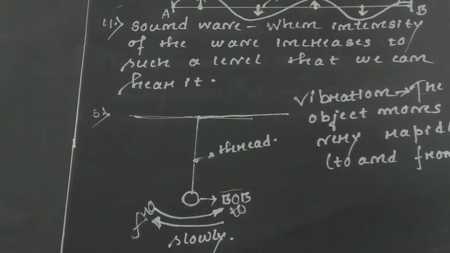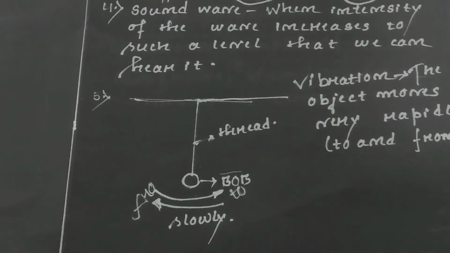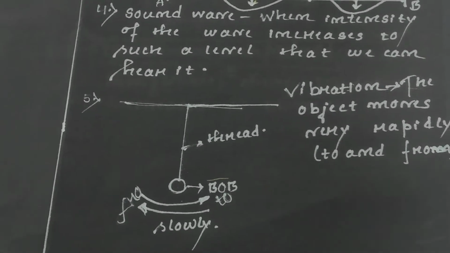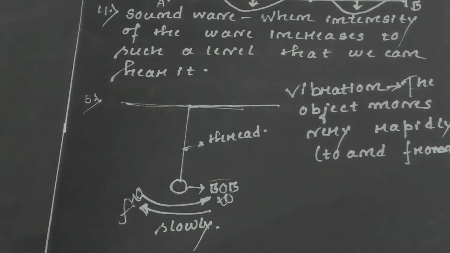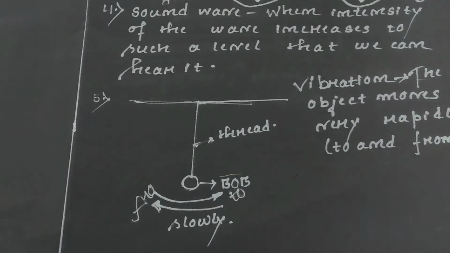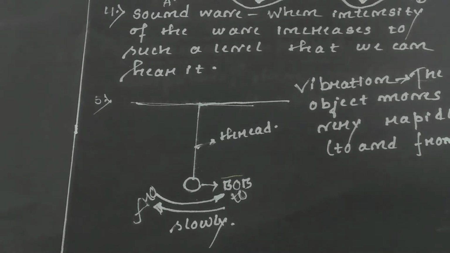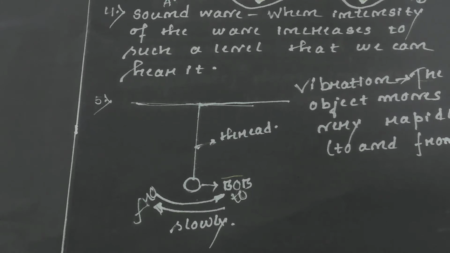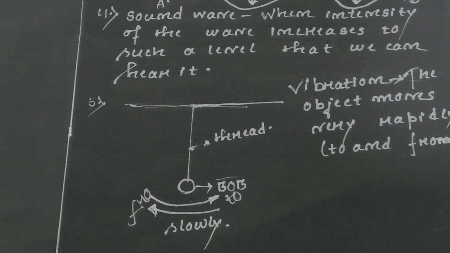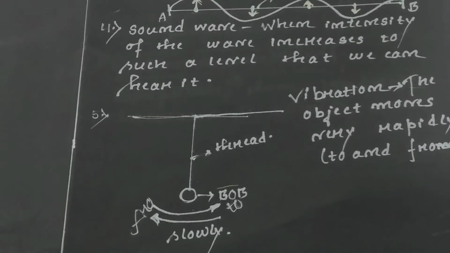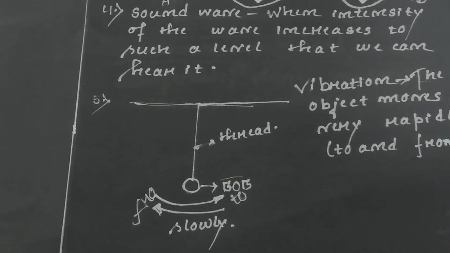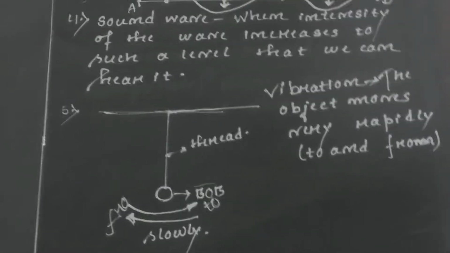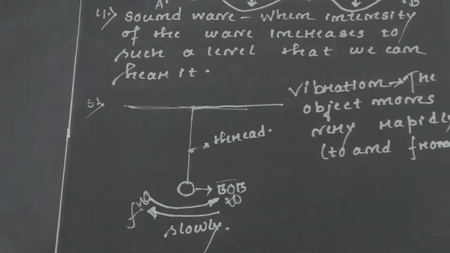Now we move to our next topic, that is, what is the difference between vibration and oscillation. You see, I have drawn here an arrangement of a simple pendulum. If you don't know what a simple pendulum is, a simple pendulum is a simple arrangement used for checking to and fro motion.